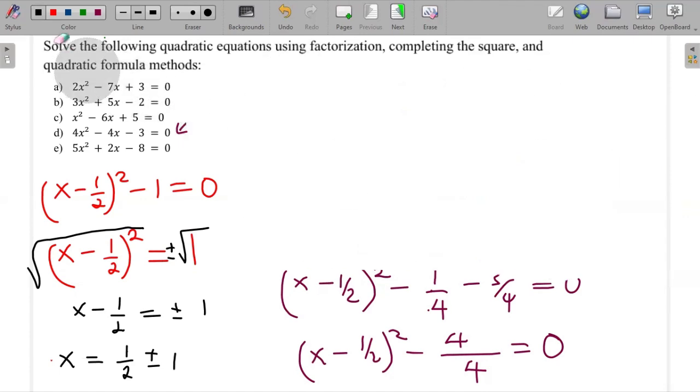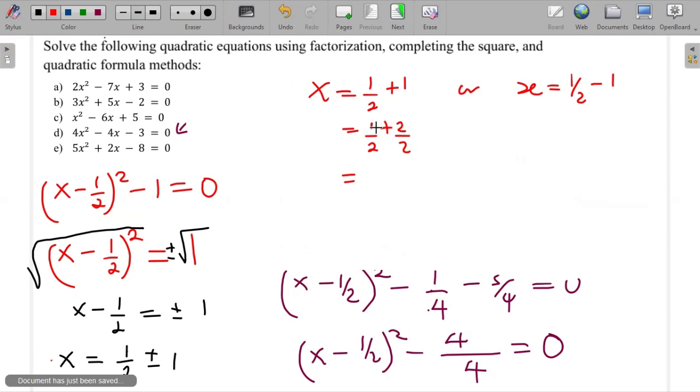So actually, my favorite method is completing the square, because it's just straightforward. So x is equals to, the first one will be half plus 1, or it can be x is equals to half minus 1. So this guy here will be 1 over 2, and then the 1, I can write it as 2 over 2, right?